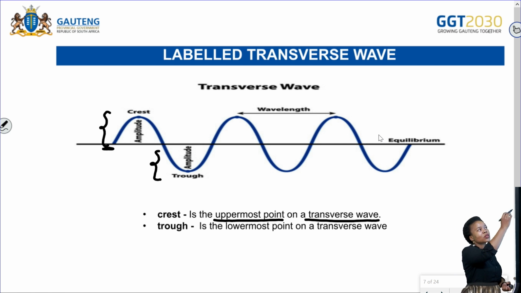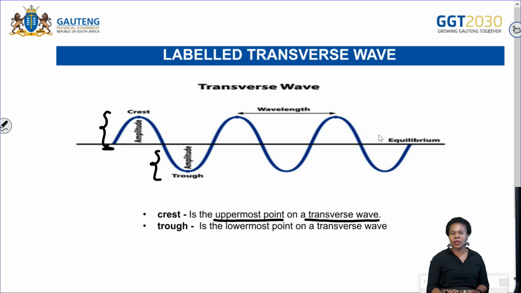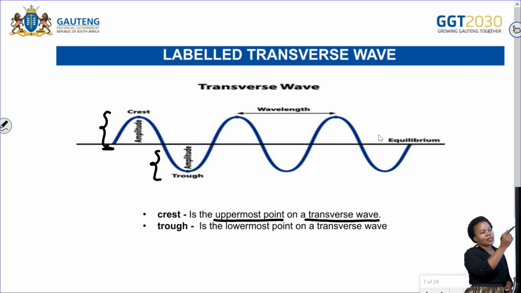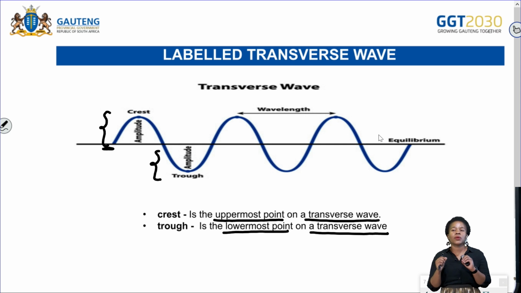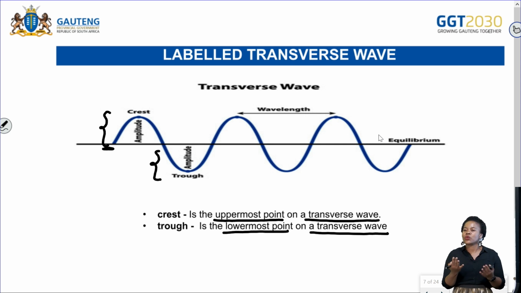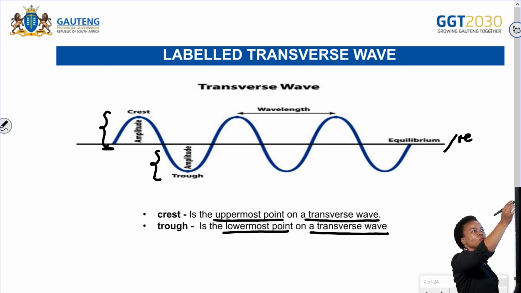C is always going to be the uppermost point of your transverse wave. But as you continue with your alphabet, T is right at the end. It's always going to be the lowermost point on a transverse wave. Remember, we referred to the equilibrium position as the same as your rest position. So this is where your wave is resting. Right.